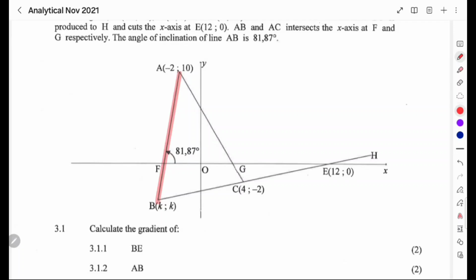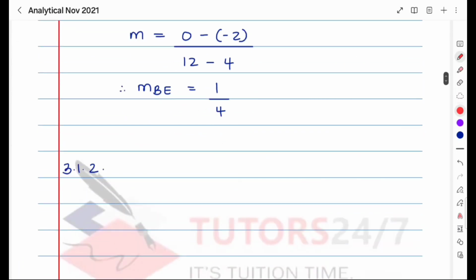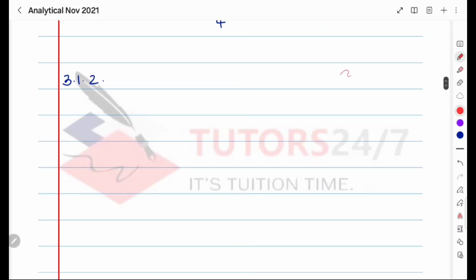So our theta value is 81.87. Our formula is gradient equals tan theta, whereby theta represents the angle of inclination of the line.